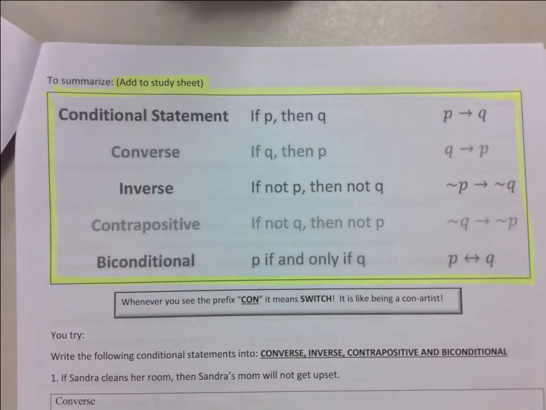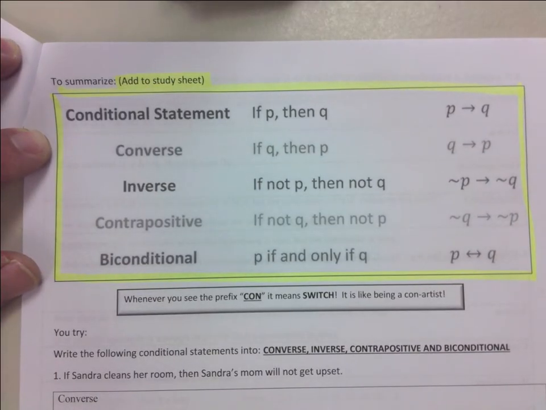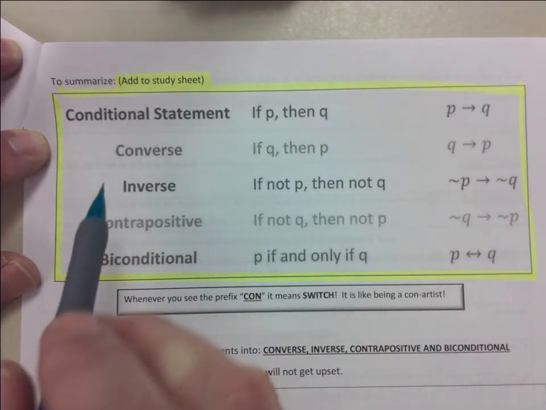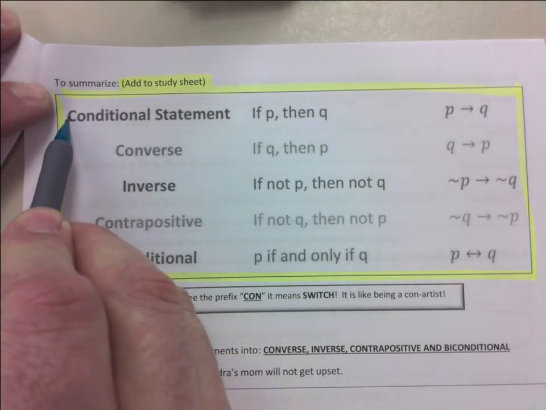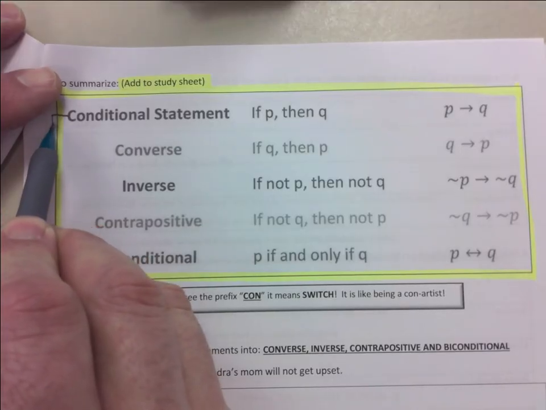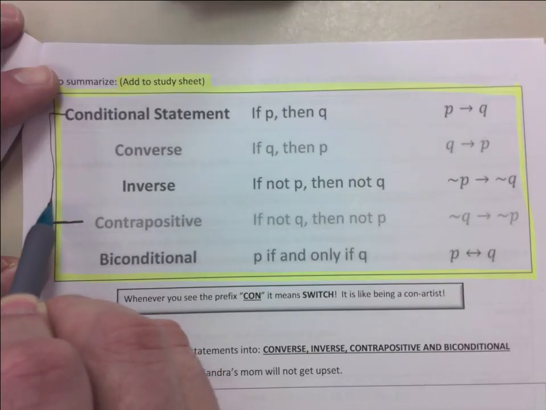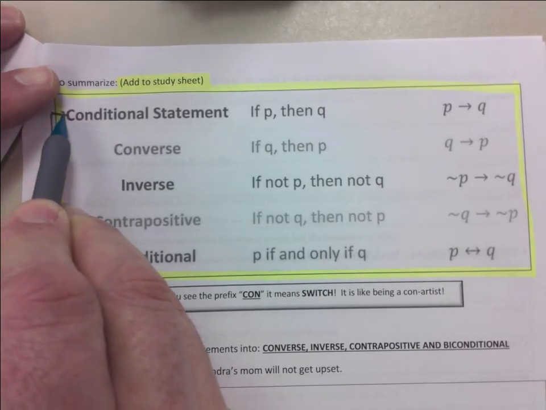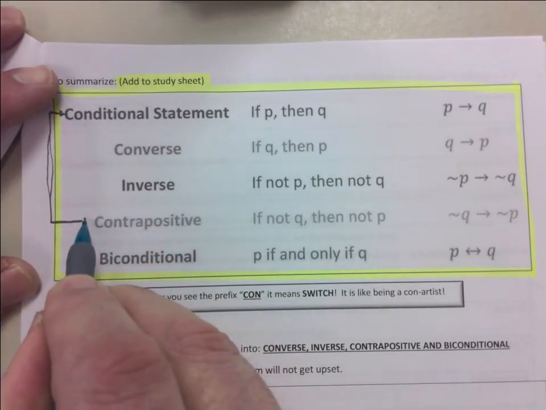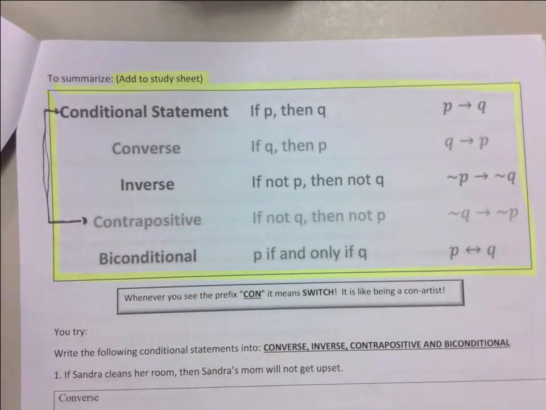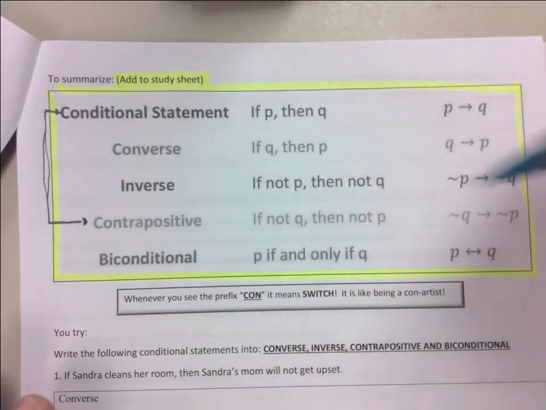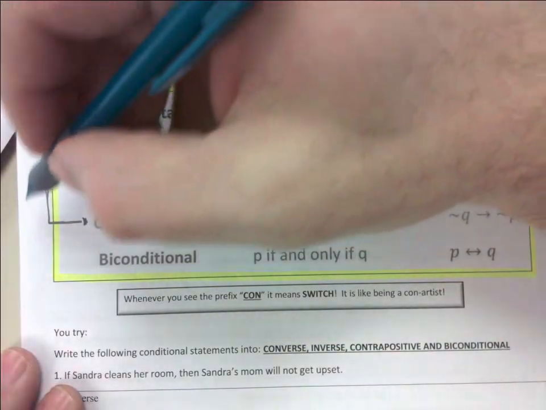And I need you to know something else on this table right here: that the conditional statement, this one right here, and the contrapositive, make sure you make that connection. I will just say equivalent. I'm going to write that on the side here.